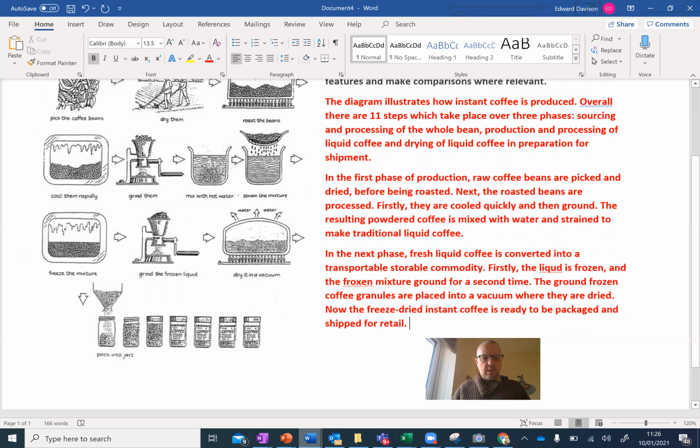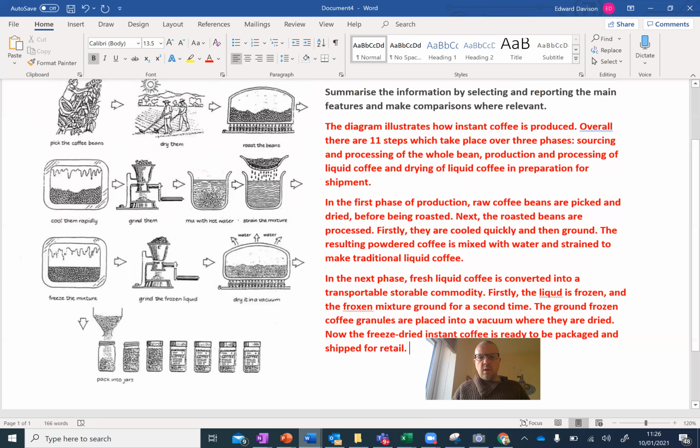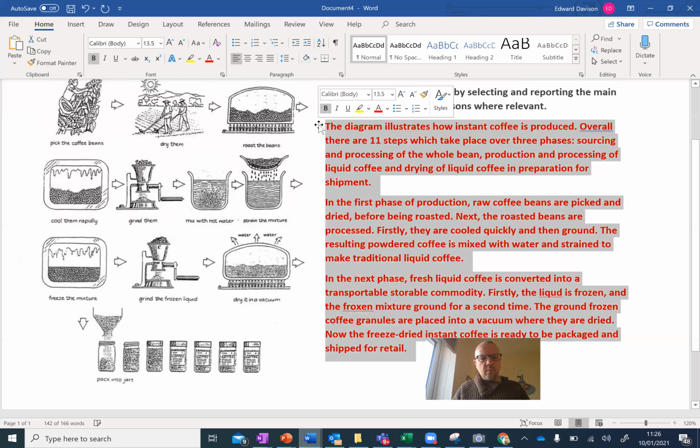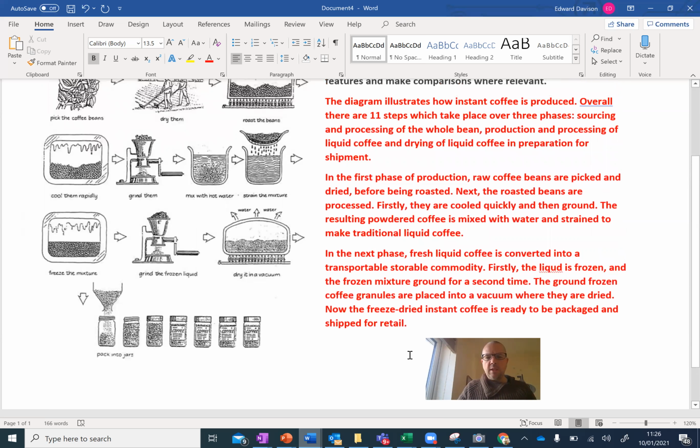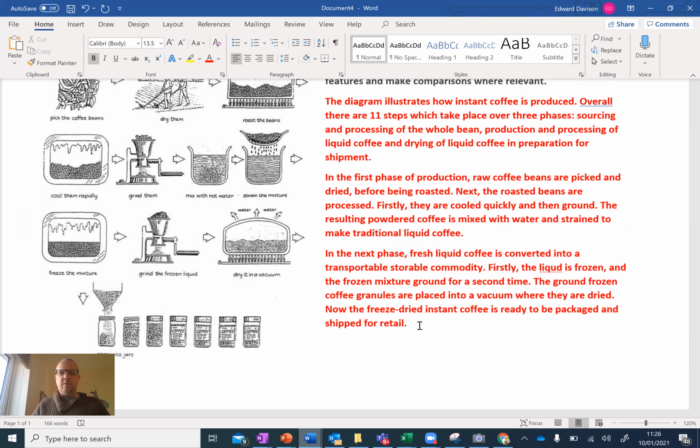Okay, and that brings us up to 142 words. I think the natural thing to do then is just to boost it at the end by saying something about what will happen with this coffee. Shipped for retail.